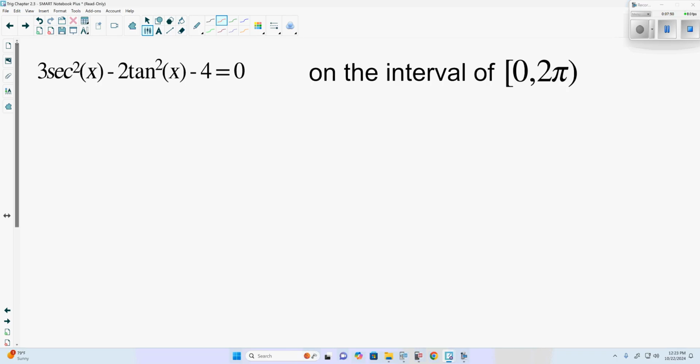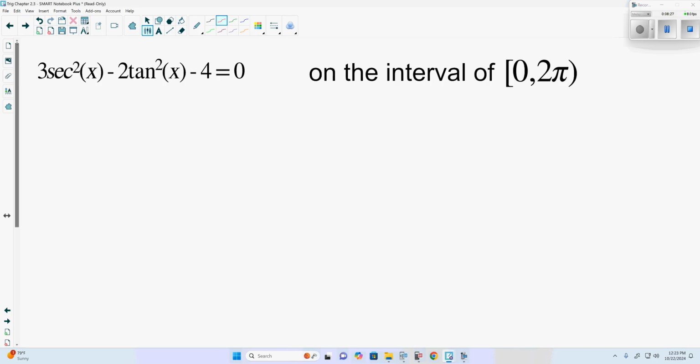Now since it is secant squared minus tangent squared, it doesn't matter which one we convert it to. So it doesn't matter how we change this.